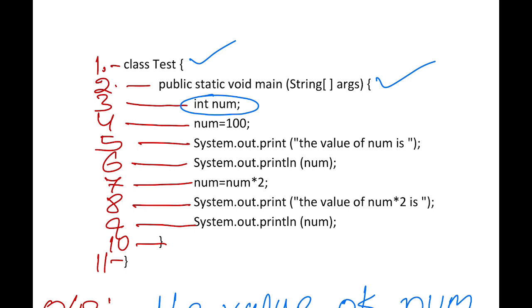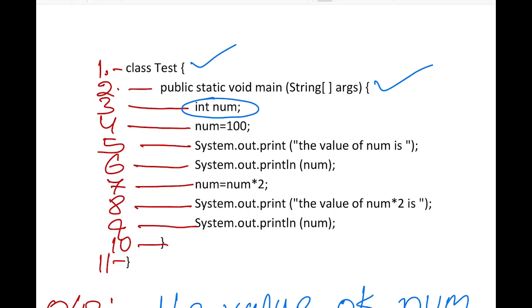So int num means we are declaring an integer variable num, which means the num variable is going to store only integer values. Java requires that variables be declared before they are used. So first we need to declare a variable, then we can use it.